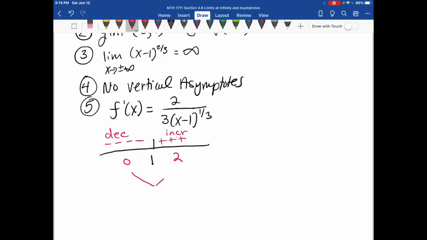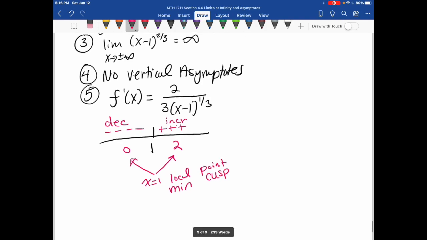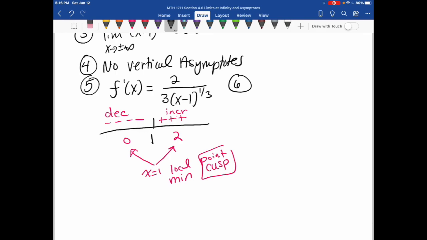That also tells me if it's decreasing and then it's increasing, that x equals 1 is going to be a local min. The other thing, though, is that when the derivative is undefined, remember that's where we have a point or a cusp. So this is going to be a local min, but it's going to be at a point or a cusp.